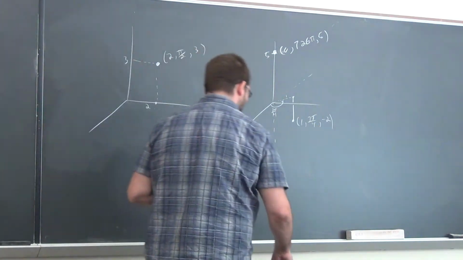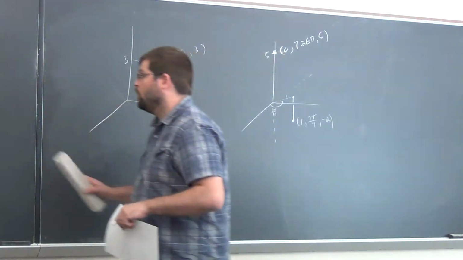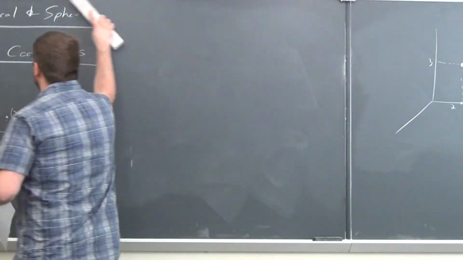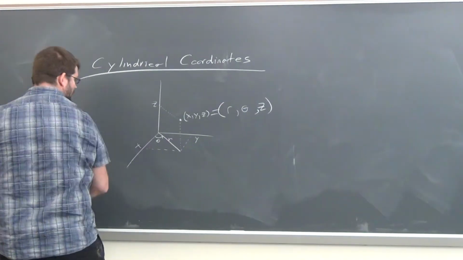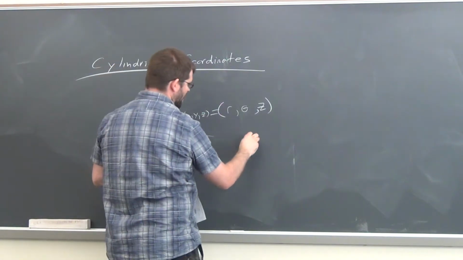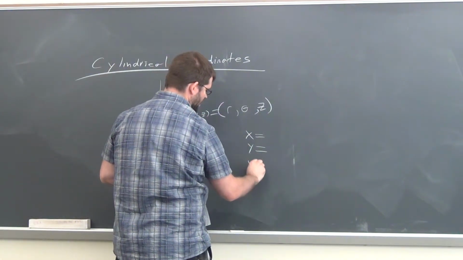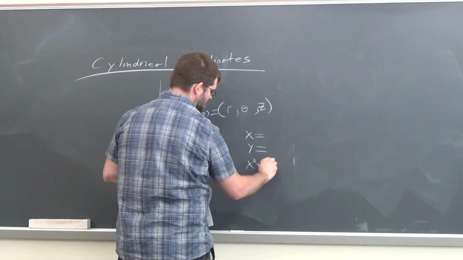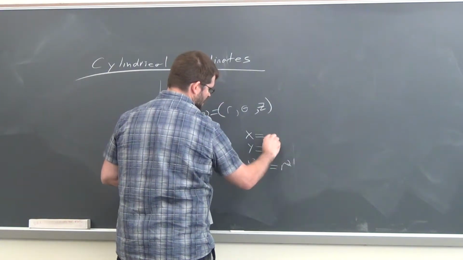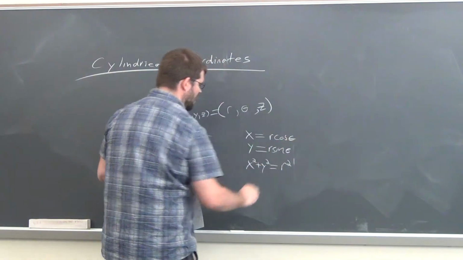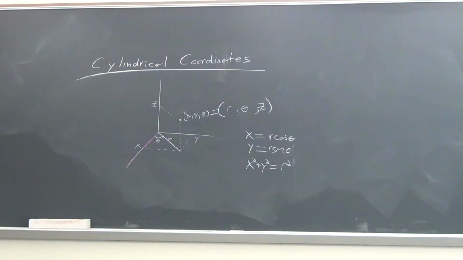As long as I have this up here, let's just use this. We still have all the same identities that we're used to. They still hold for cylindrical coordinates, the identities from polar coordinates. You're just treating x and y as though they're polar coordinates now. So it's those same identities. What else?